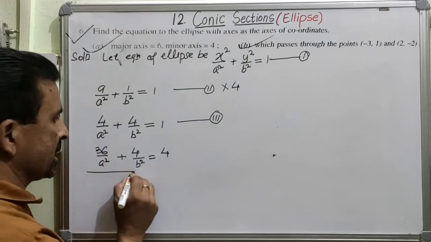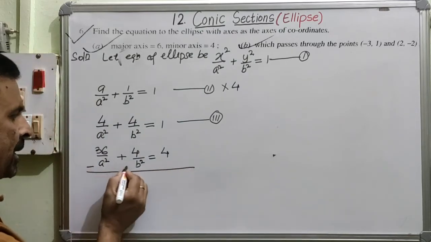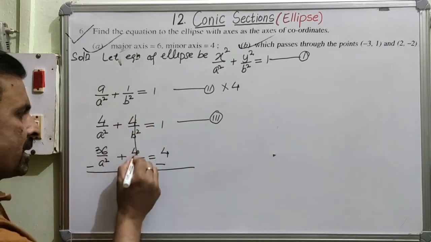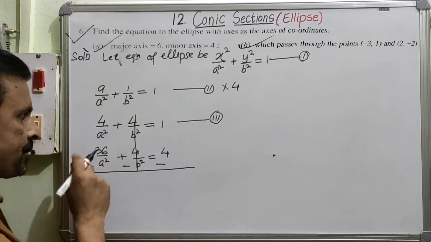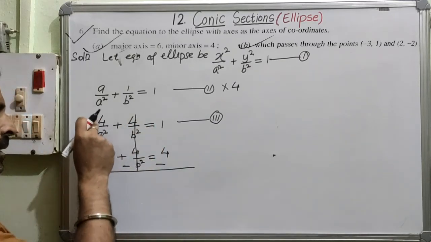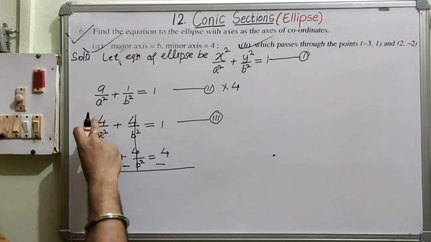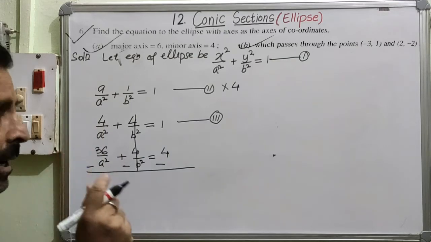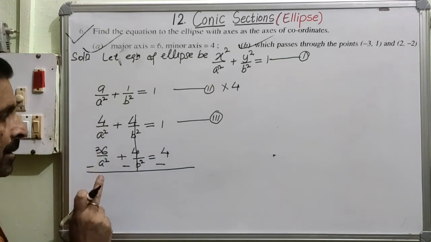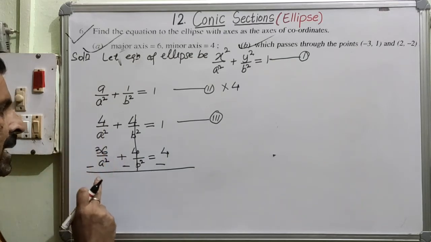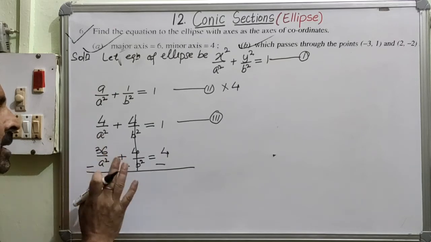Now to eliminate this b, we need to do subtraction. So we are doing subtraction, and as a result these two are the same, so this will be eliminated. Now we need to simplify this one. These two fractions are going to be subtracted, because this minus this, right? That means we are going to combine this and make it into 1. Their denominators are the same, so the numerator is simply going to be subtracted directly.